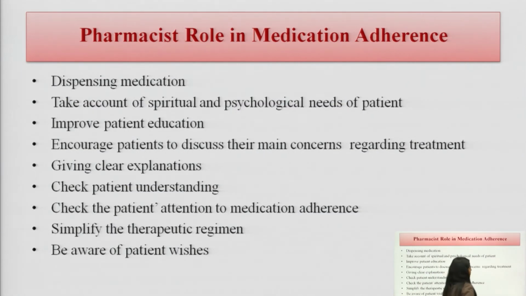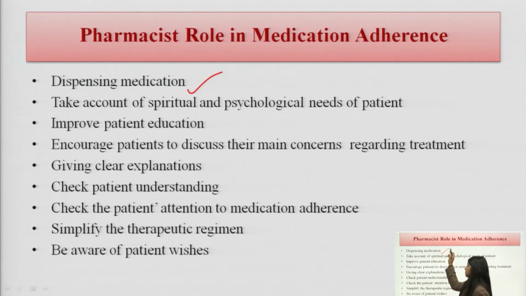Now, coming to medication adherence in relation to a pharmacist. What is the role of the pharmacist in medication adherence? Let us see. Number 1, whatever prescription the physician writes should be dispensed in the same manner, and this is the responsibility of a pharmacist.